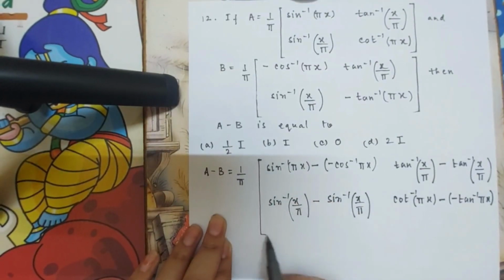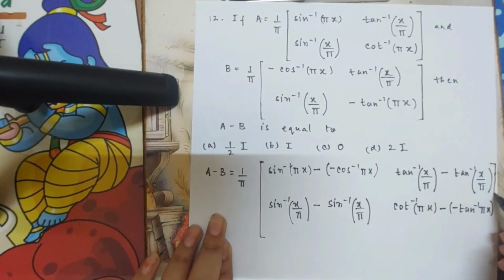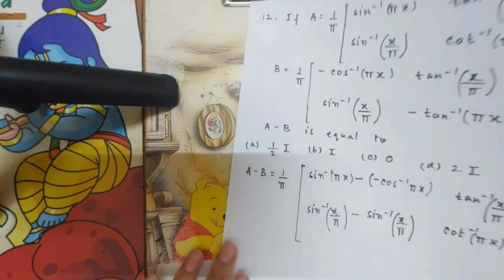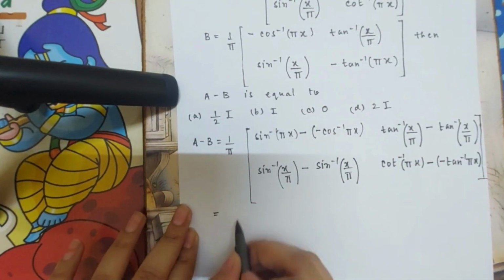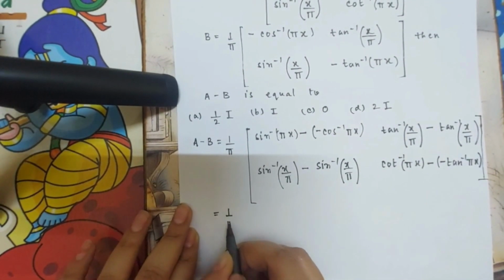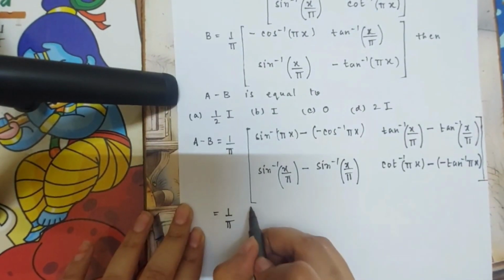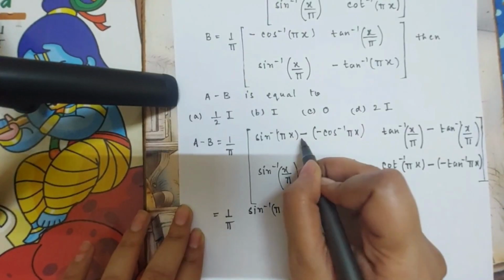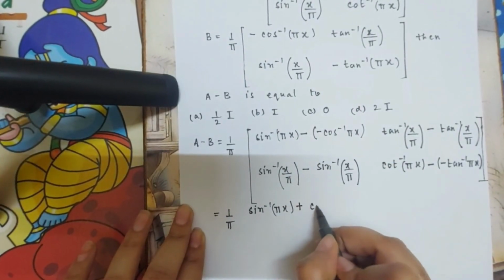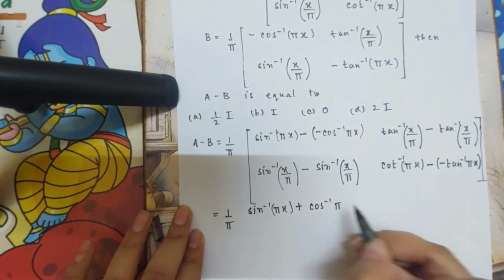Now this is the matrix that we have got by subtracting the two given matrices. So this will be again equal to 1 divided by pi times: sin inverse of pi x minus of minus, plus cos inverse of pi x.